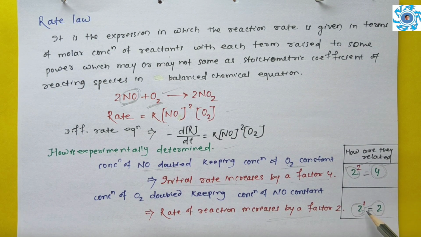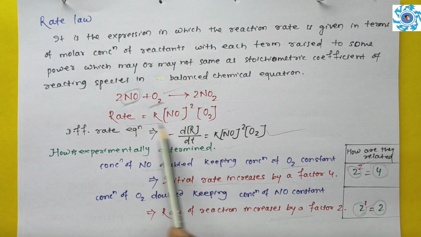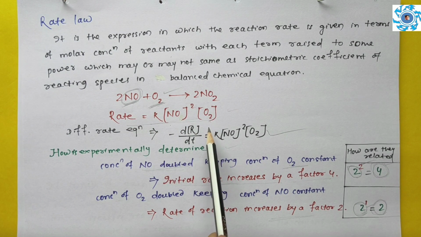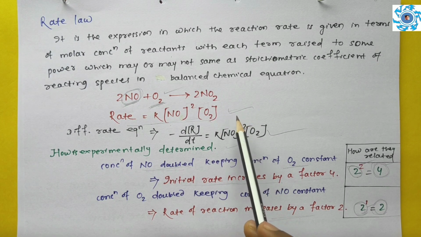That means we doubled it, we got double. So the relation between 2 and 2 is 2 to the power 1. Like this, we determine the rate equation experimentally, but not theoretically. Got it clear?